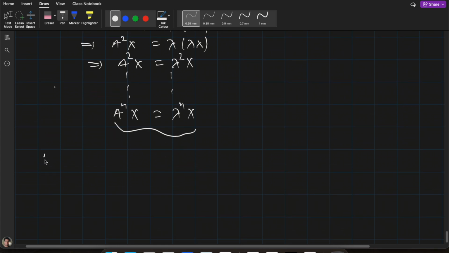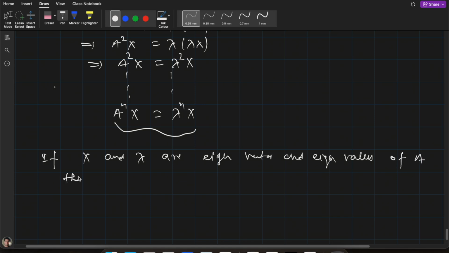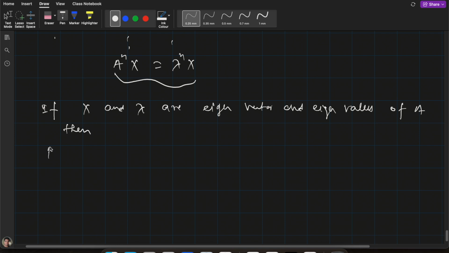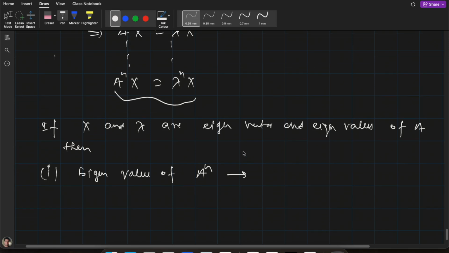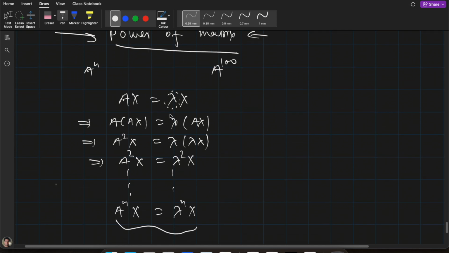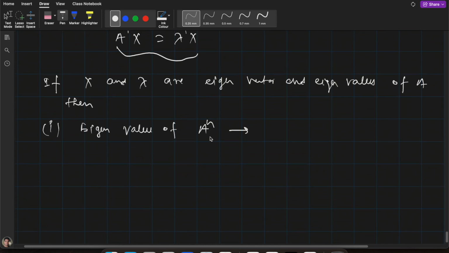So you can write: if x and lambda are an eigenvector and eigenvalue of A, then what is the eigenvalue of A raised to the power n?